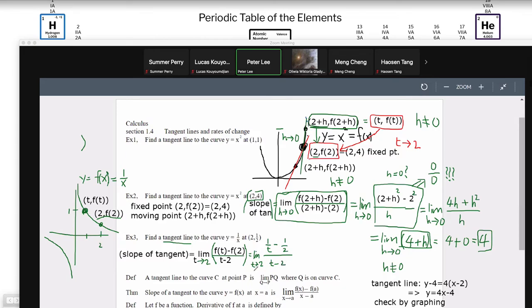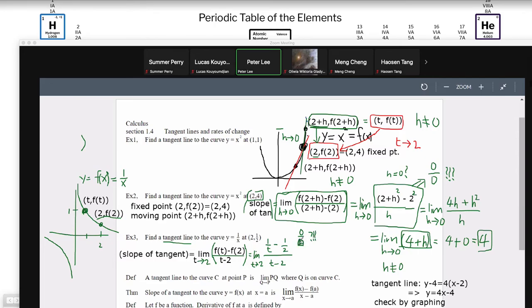By the way, when you plug in t equals 2 here, you will get 0 over 0. So this one, we get a 0 over 0 form. I will be spending a lot of time on the 0 over 0 form. With 0 over 0 form, we don't know what this is. Obviously, this is not a regular number. So if you get a 0 over 0, that means you cannot plug in.